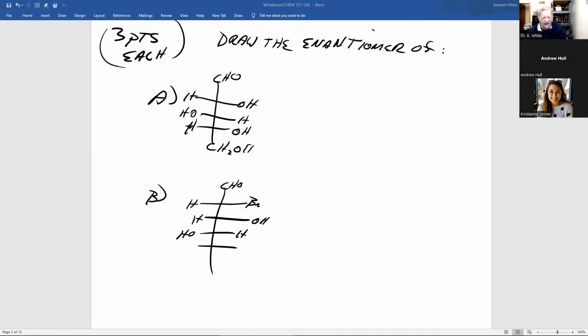And you can get started on A while I write B. And there you go. Draw the enantiomer of A, draw the enantiomer of B. Remember, enantiomer means mirror image.